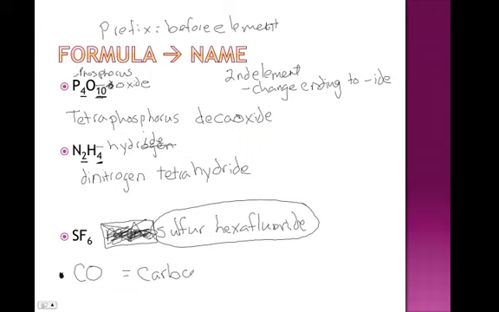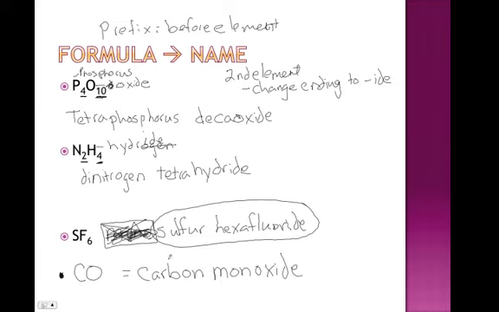Now the second element is oxygen, so it would be oxide. But because it's a second element, we have to include the mono, so that is carbon monoxide. So second element, mono is mandatory. First element, we don't include it.